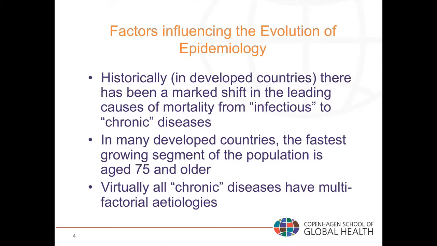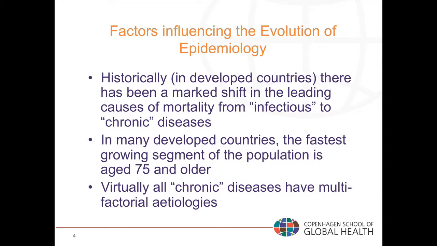Let's look at the factors which influenced epidemiology and made it change over time. Historically, especially in developed countries, there was this marked shift of the leading causes of mortality from infectious disease to chronic disease. And therefore, also you find a shift in research orientation and research methods. At the same time, we observe a fast change in the population structure, as you heard in our session on demography.